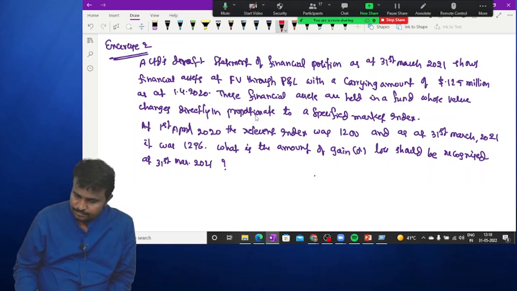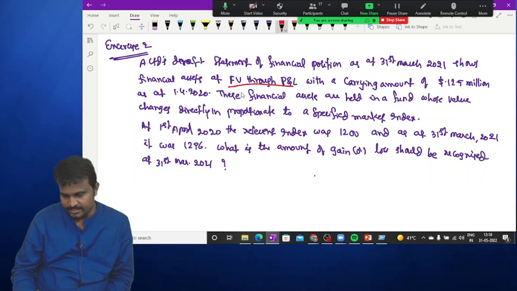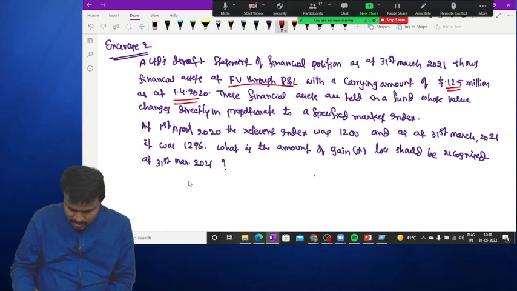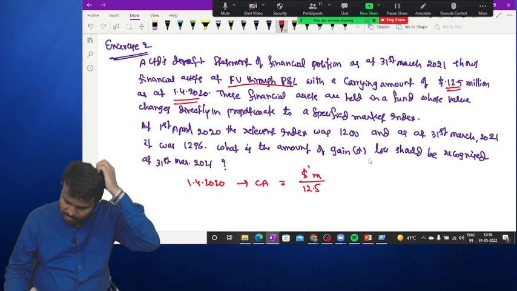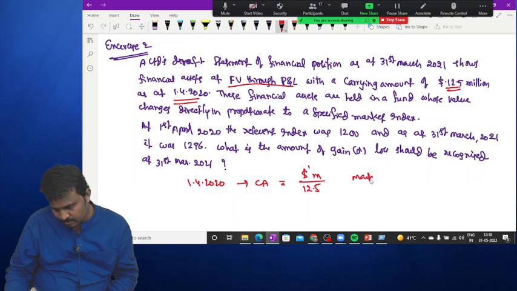Here he has the financial asset routed through fair value through P&L, whose carrying amount is $12.5 million as at 1/4/2020, when the market index is 1200.